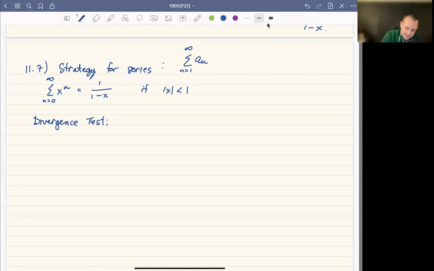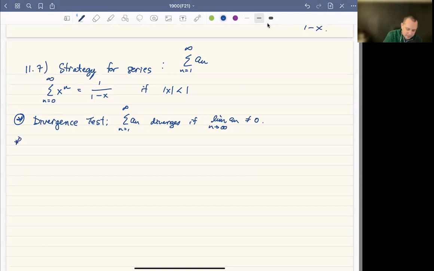And the divergence test says that this series diverges if the sequence a sub n does not converge to 0. So if the sequence diverges, like if it's (-1)^n, or if it converges to some number other than 0, then the series diverges. Okay, so that's the divergence test. So the series diverges if the sequence does not converge to 0.